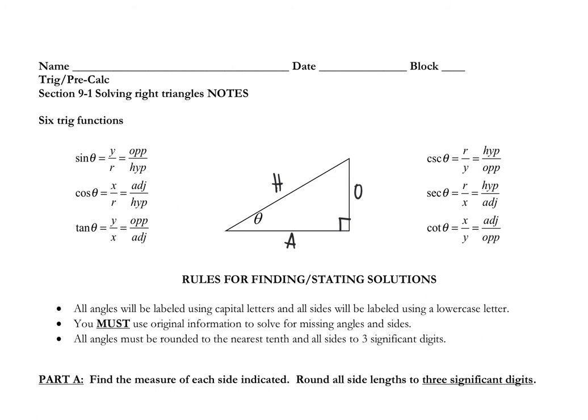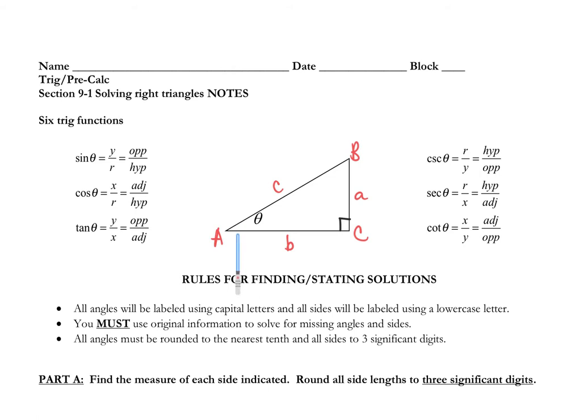So, rules for finding and stating solutions. All angles will be labeled with capital letters, and all sides will be labeled using a lowercase letter. So for us here, if I'm looking at this triangle up above, and the angles are A, B, and C, my angles would be angle A, angle B, angle C. The side opposite each angle is labeled with a lowercase version of that.